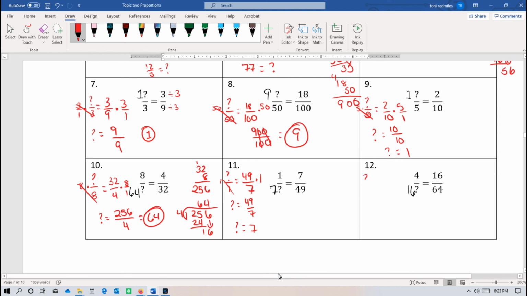All right, let's flip it. Got to multiply both sides by that 4. Do some math over here. I feel like we've had that number before, but that's not the way we got to it.